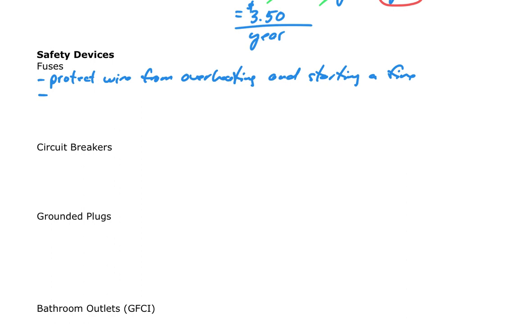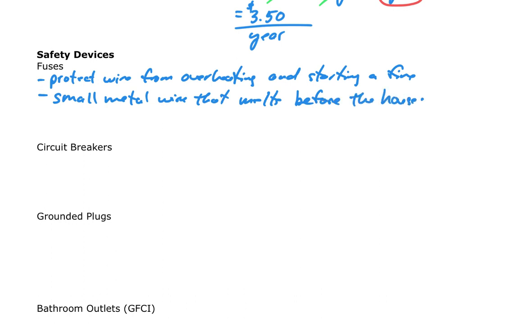So a fuse is a small metal wire that melts. And it's designed to melt at a lower temperature and a lower current than the insulation of the wires. So it's going to melt before the house wire's insulation.